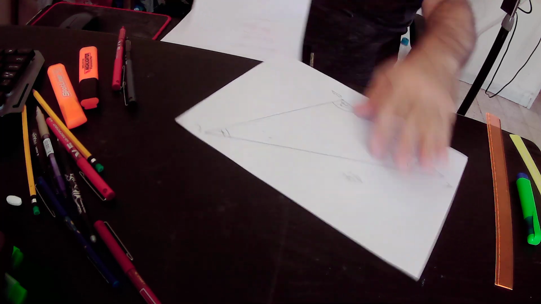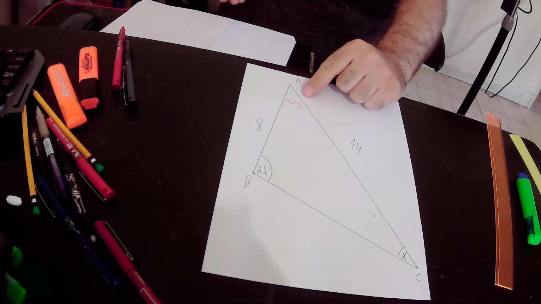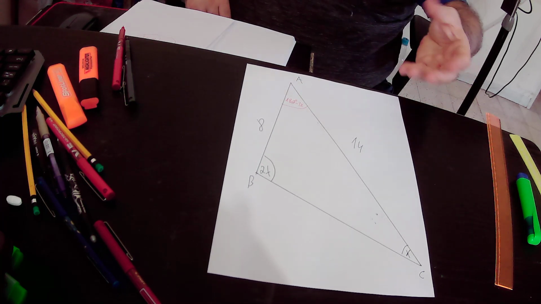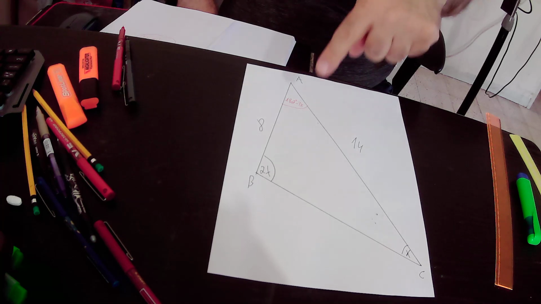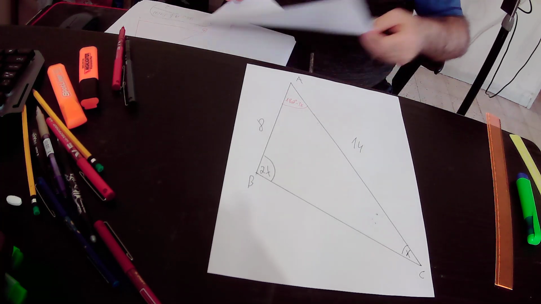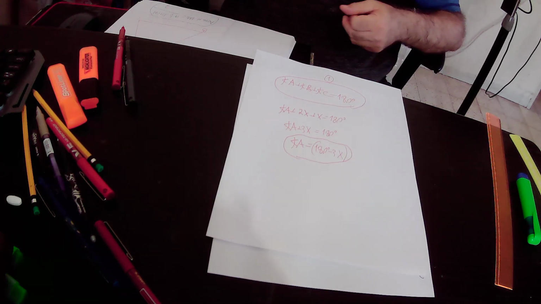In this method, first of all, we found the size of angle A. We know that the sum of the angles in any triangle equals 180 degrees, and especially in this triangle, angle A plus angle B plus angle C equals 180 degrees.